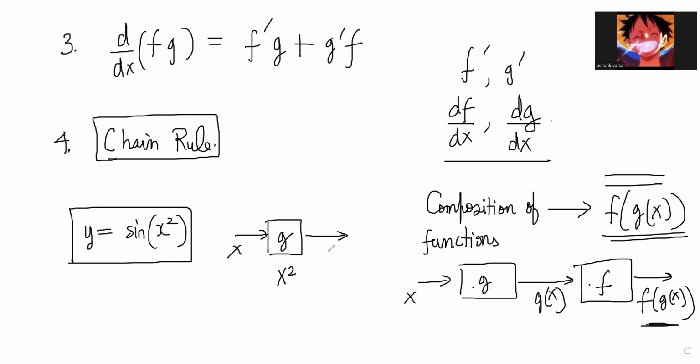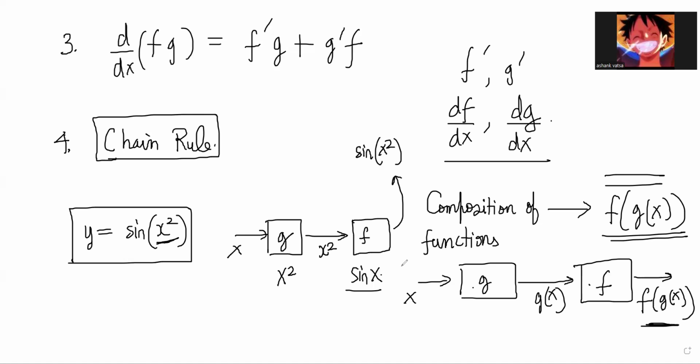And that output of x square is going to the f function, which is sine x. And finally, you will get sine of x square, right? Yeah. Do you understand how there are two functions involved here? Yes, sir. One function is the x square function and one function is the sine function, right?